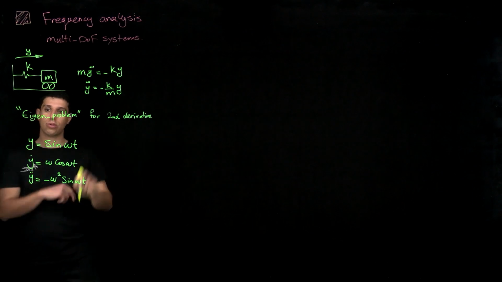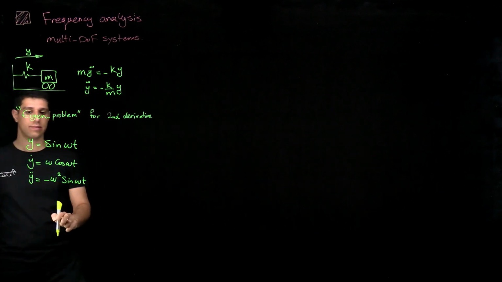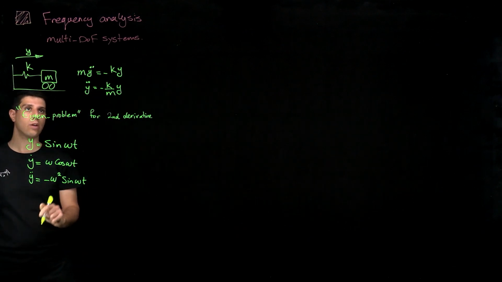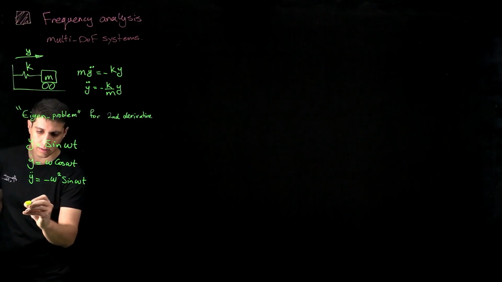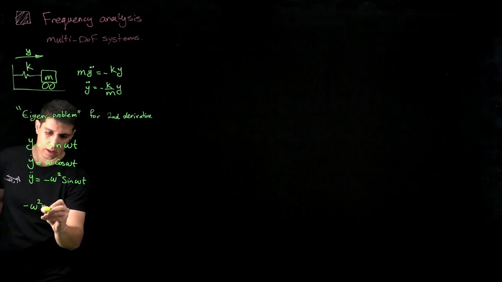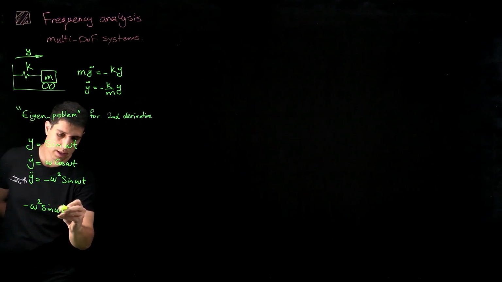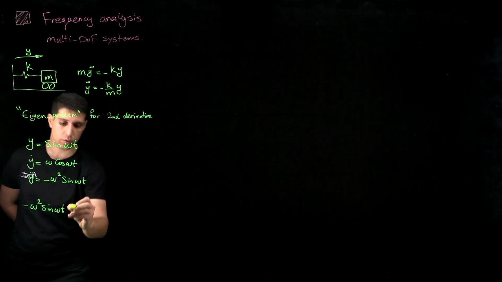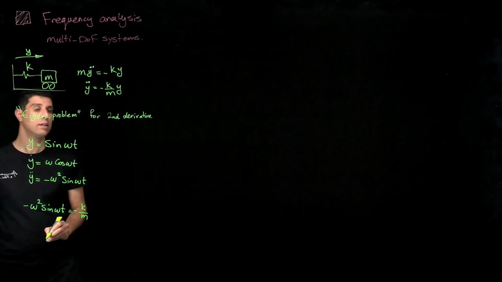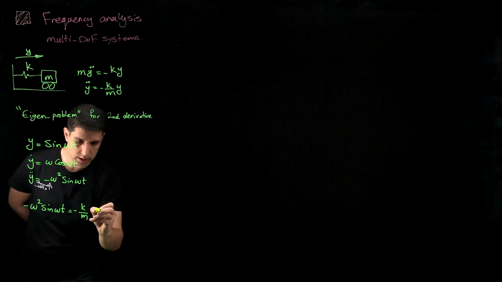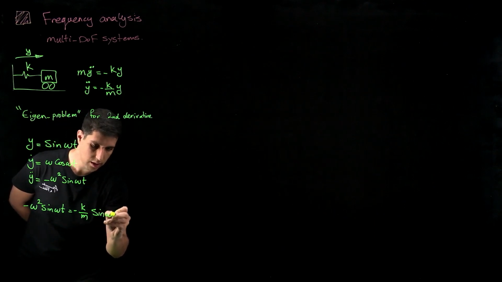And the eigenvalue of this, we can calculate it. So I can plug it here. y double dot, minus omega squared sine of omega t, is going to be equal to minus k over m times y, which is again sine of omega t.